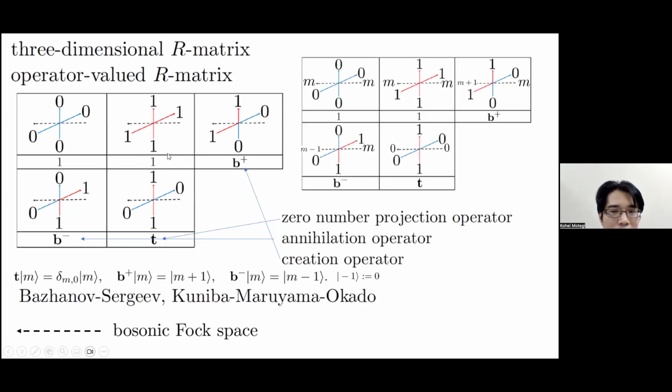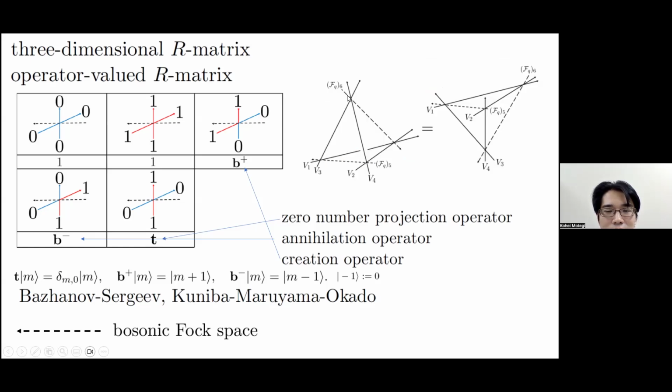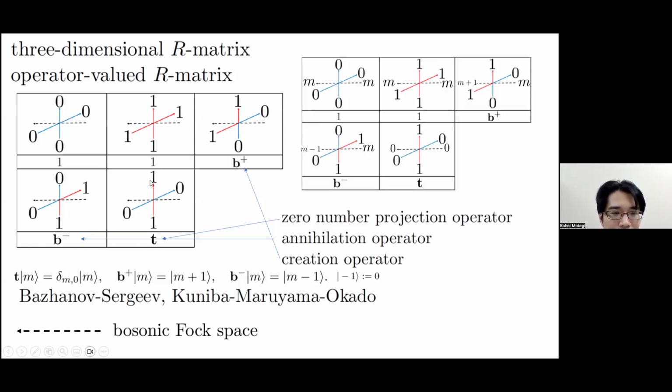And if you feel this figure is difficult to understand, I will show on this right side the configurations which are non-trivial. So the dashed line means Bosonic Fock space, and the first two configurations mean that in this right part you have color m, and identity operator means that m doesn't change.